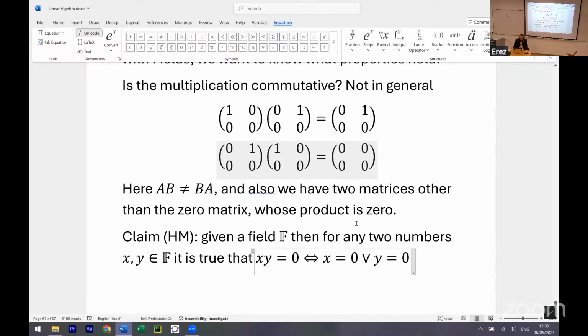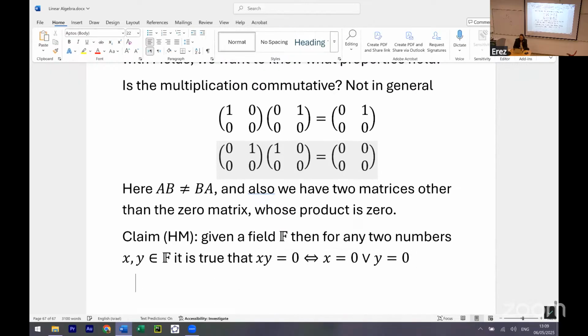So that's in a field. This claim is false with matrix algebra.